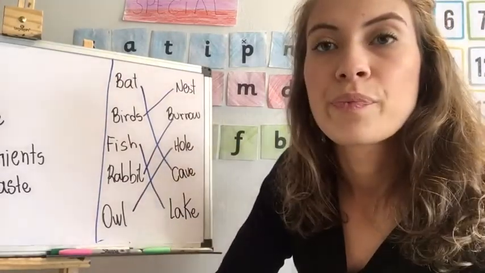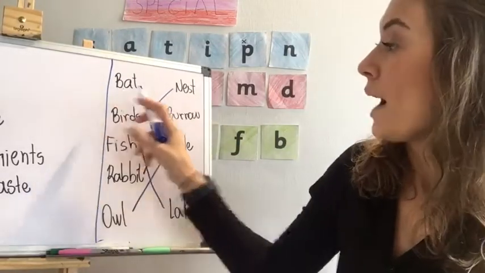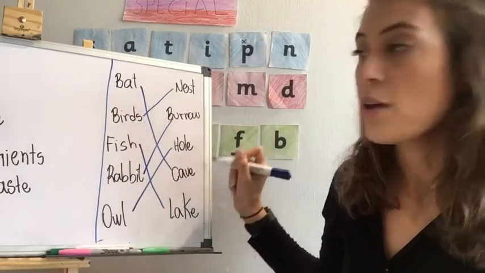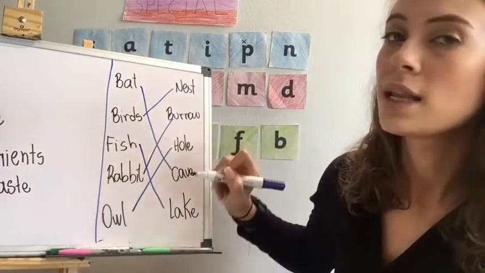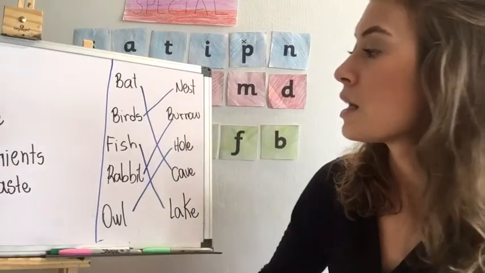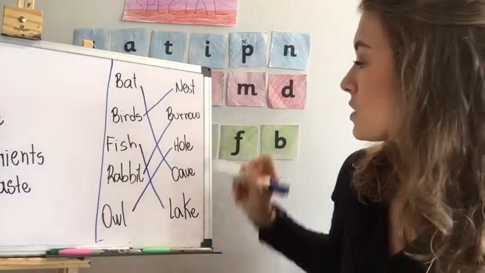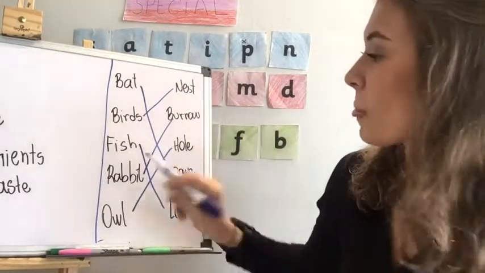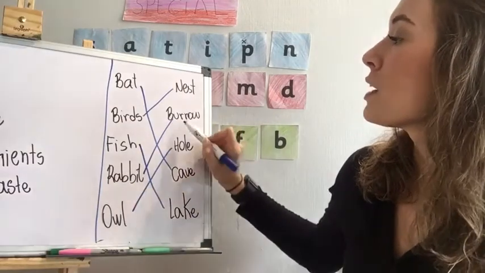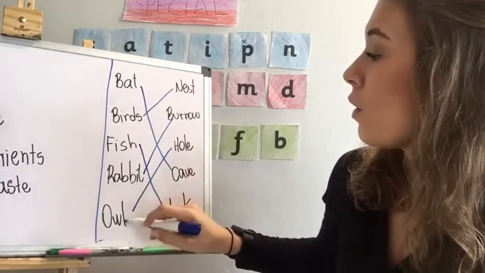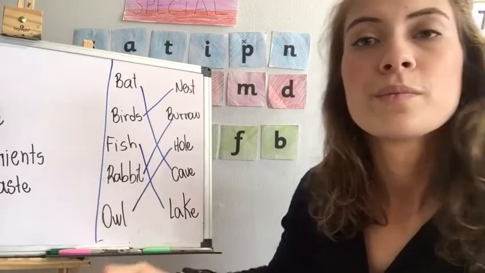Good job. Now we know that the bats live in a cave. The birds live in the nest. Fish live in the lake. Rabbits live in the burrow. And owl lives in the hole.